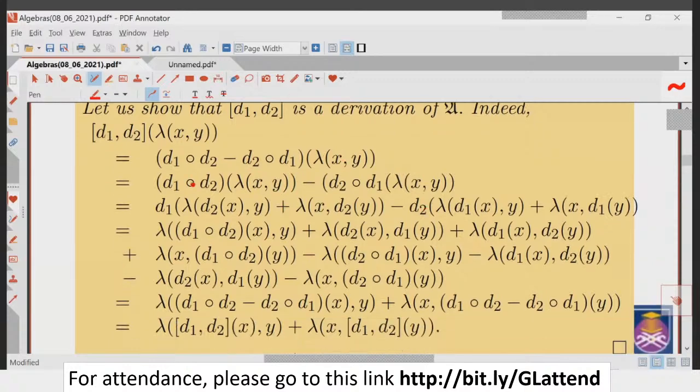According to the definition, this one is D1 applied to D2 of this, but D2 is a derivation. So I can write λ D2(x) y plus λ x D2(y), because this is a derivation. This is the Leibniz rule.